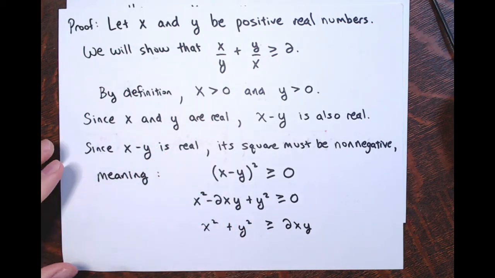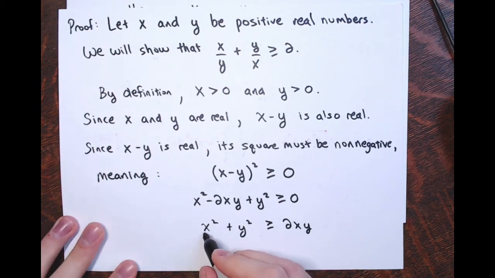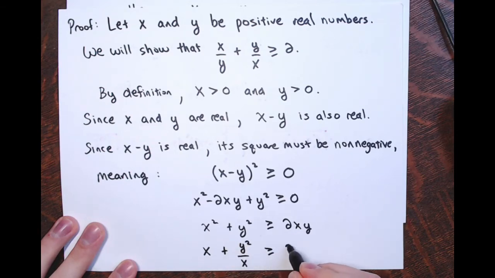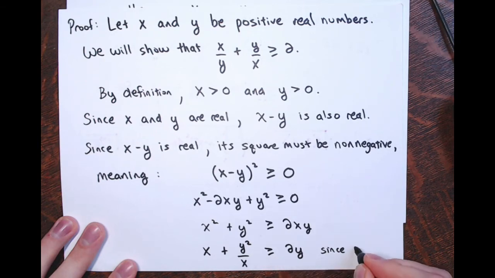So if I divide everything by x, you have x plus y squared divided by x must be greater than or equal to 2y. I write some reasoning here because maybe it's not so obvious why the inequality didn't change: since x is positive, dividing by a positive doesn't change the inequality.